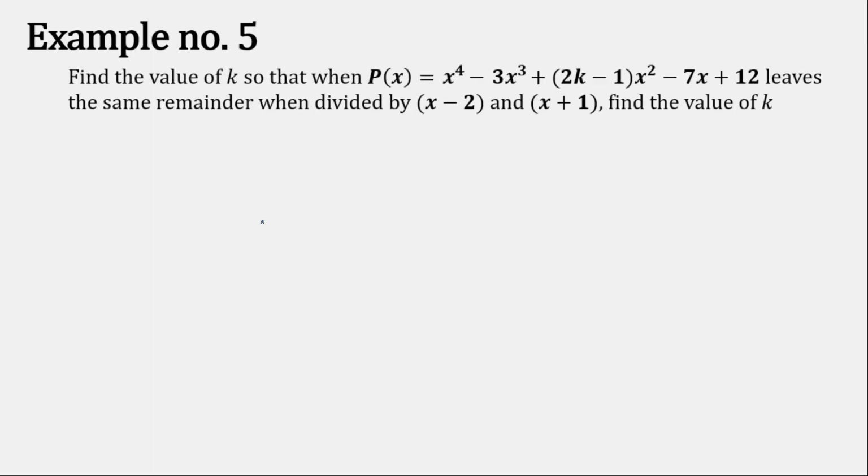Now example number 5. This is an average kind of question in remainder theorem. Find the value of k so that when this polynomial function is divided by x minus 2 and x plus 1, it leaves the same remainder. So let's find the value of k.